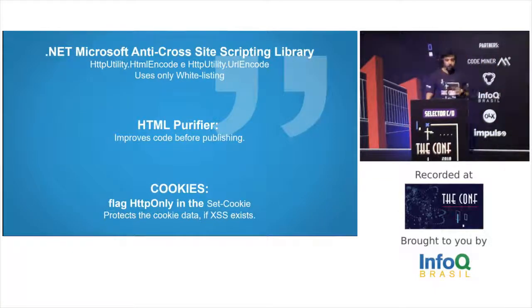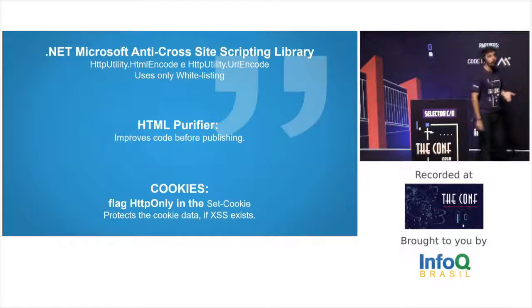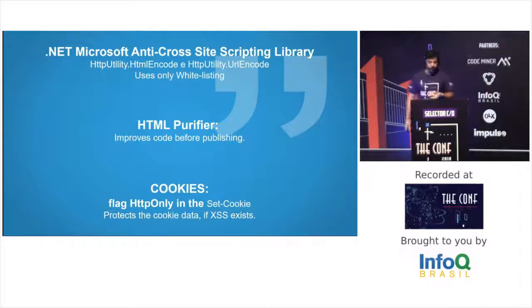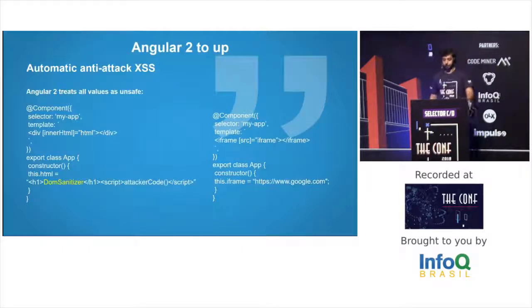HTML profile, improve your coding before you publish your code on the web. Cookies: if you need to use cookies, use a protected structure for cookies. It's another technique. I like some modern frameworks. Okay, Angular, JS, and a lot of frameworks.